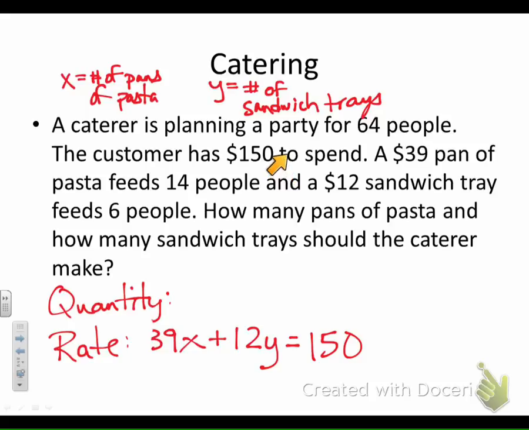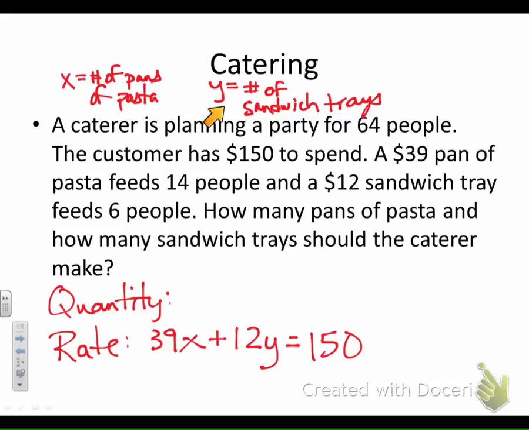So this means I see these other numbers and they all deal with people. So sometimes your quantity may also be just a different way of rate. I need how many, if I have x plus y, I need to also show how many people are served with each pan of pasta.